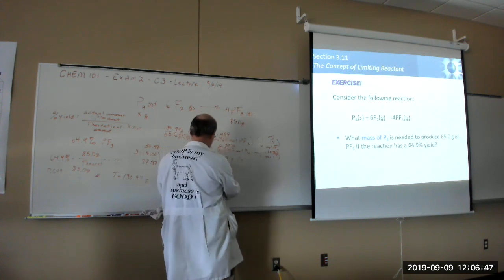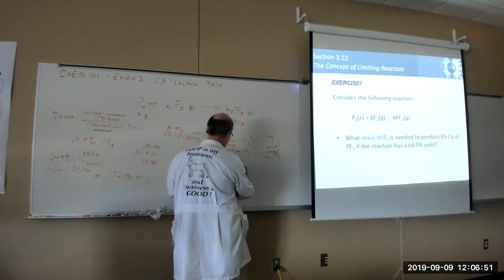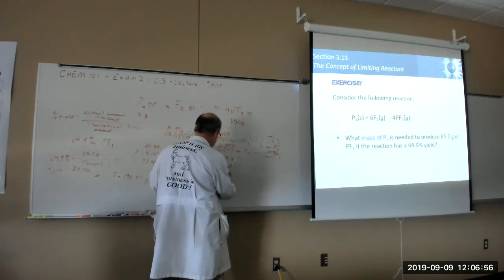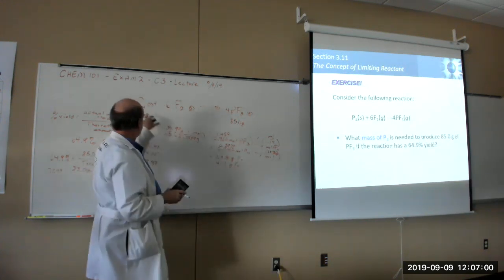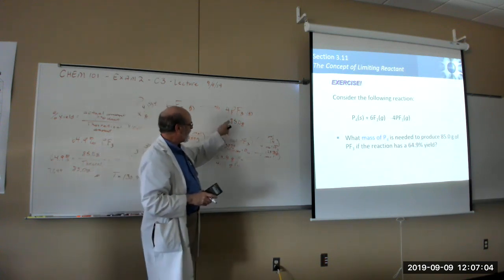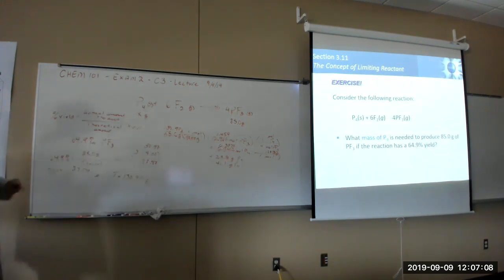It's actually 46.1 grams of P4. So 46.1 grams of P4 is required to give us that much yield because of this inefficiency.